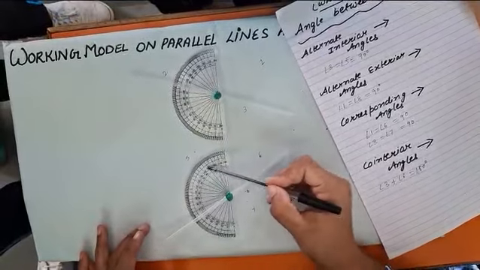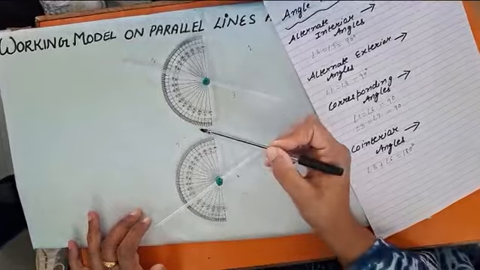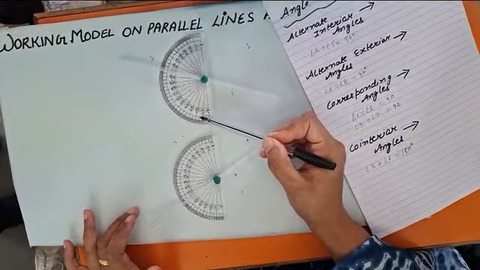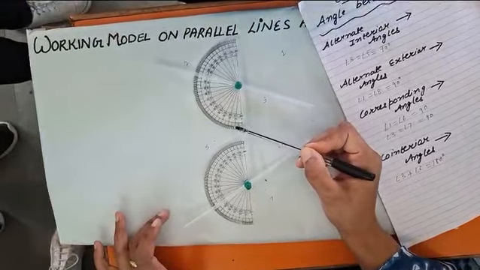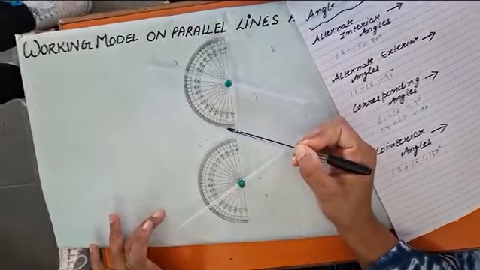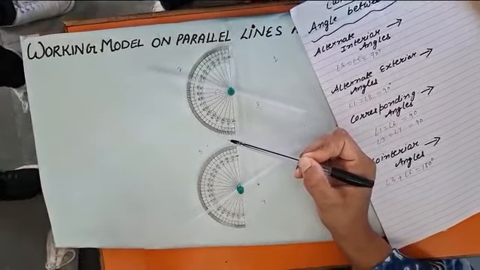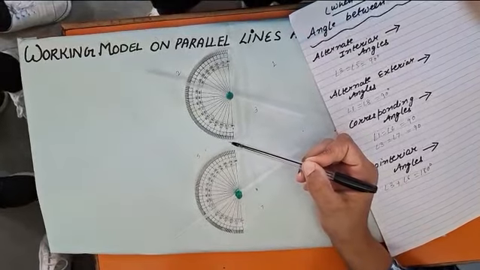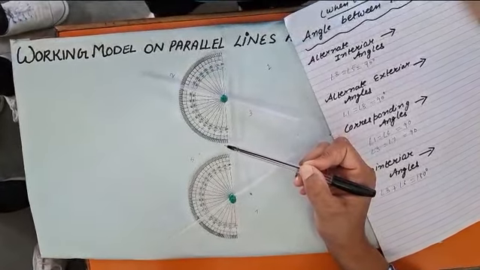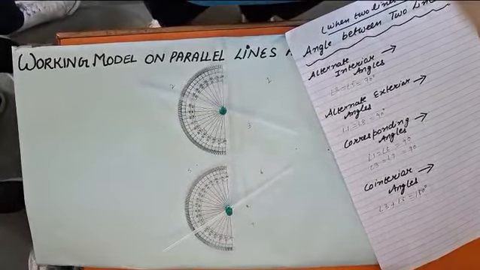And what is the measure of this angle? 120. So 110 plus 120 is not equal to 180 degrees. Proving that between non-parallel lines, neither corresponding angles are equal, nor alternate interior or alternate exterior angles are equal, and also the co-interior angles are not supplementary. Is that clear?